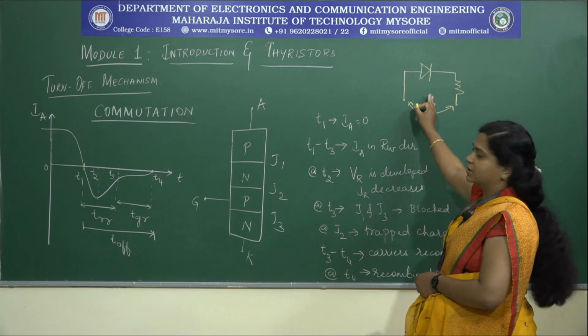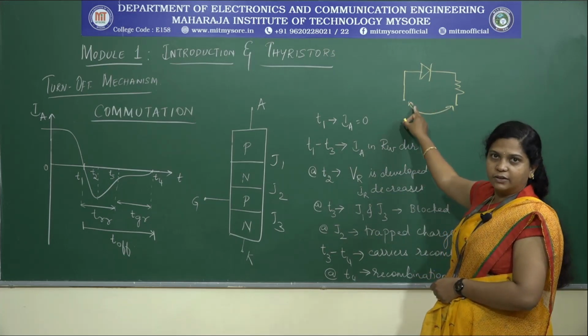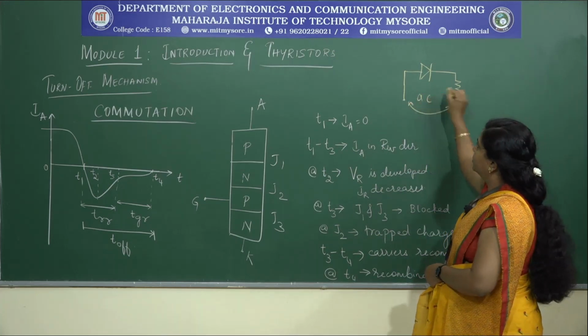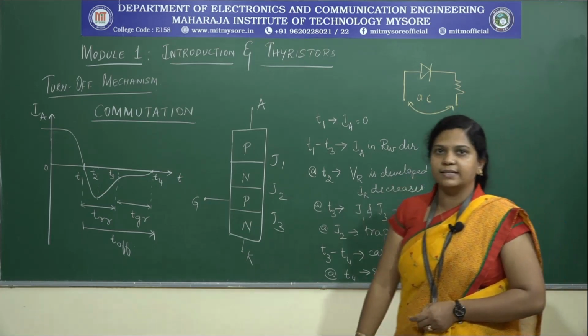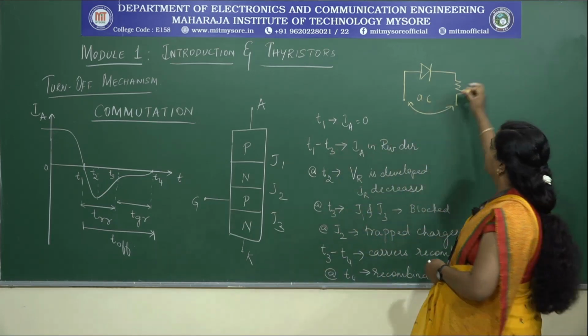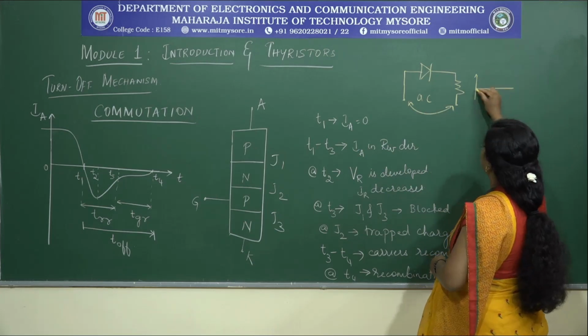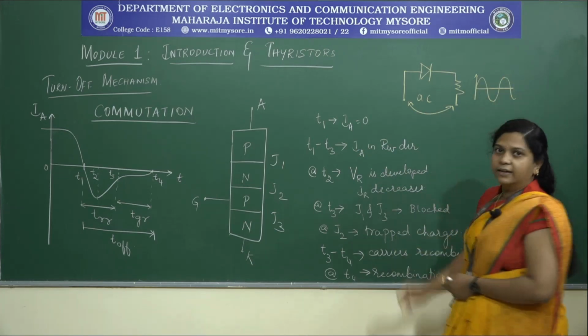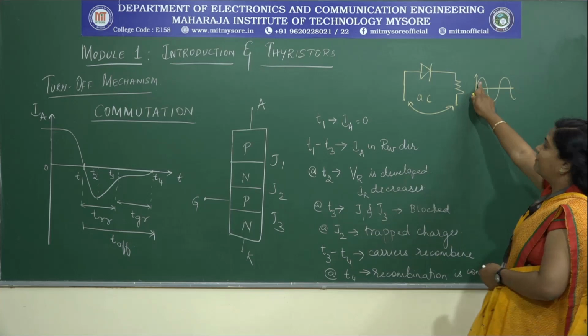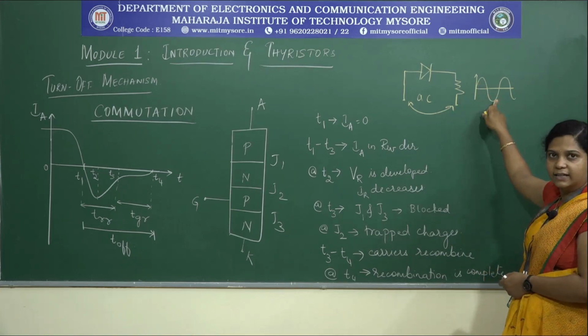Okay. Suppose in the case of this circuit we are going to use an AC supply as the input, then what will happen? We have continuous cycles like this, a positive cycle as well as a negative cycle.